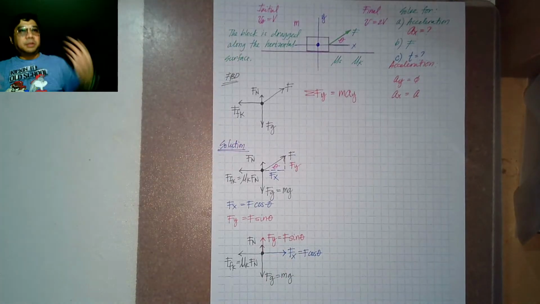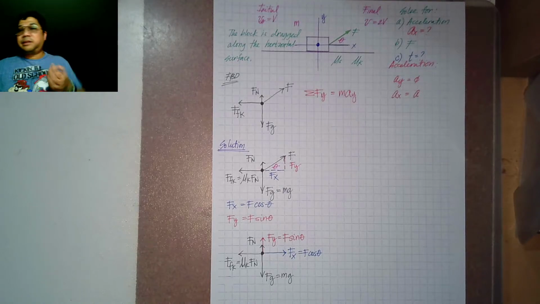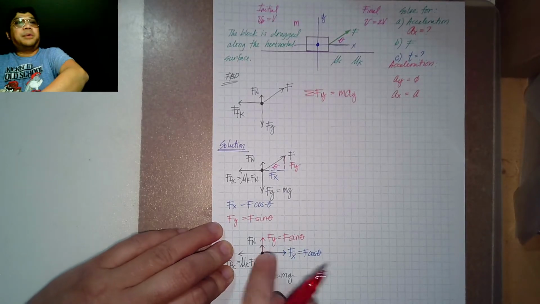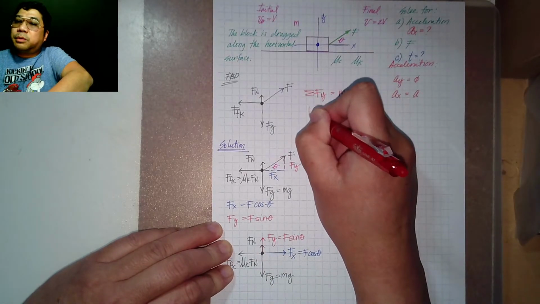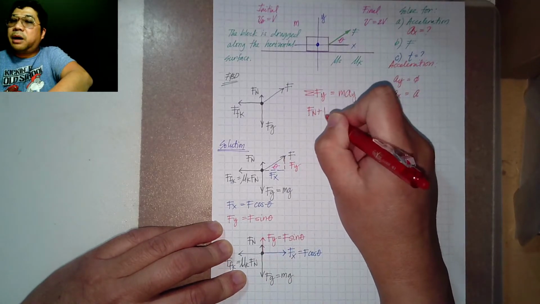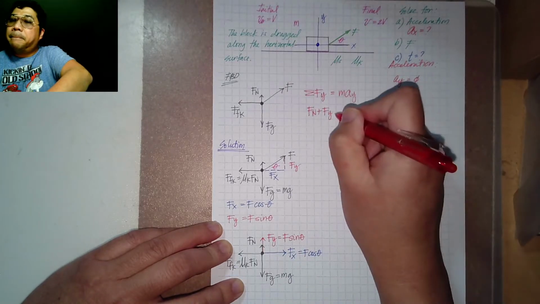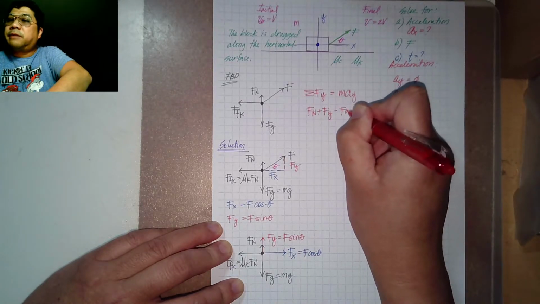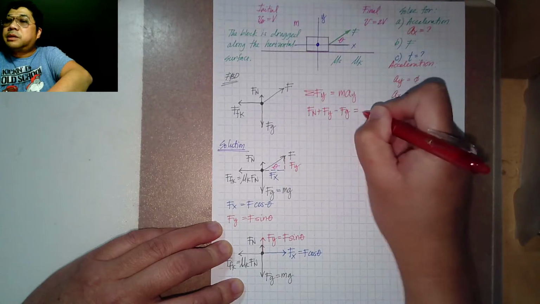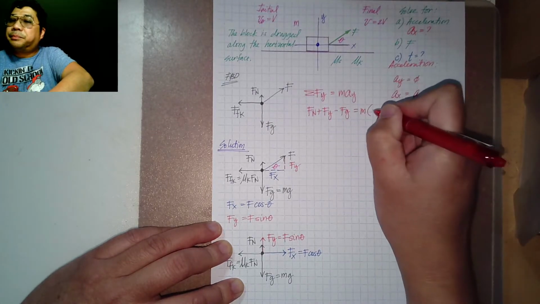Positive is going upward, going down is negative. So we have forces going up, which is the normal force, plus the y component of the applied force, F sub y, minus force of gravity Fg, which is equivalent to mass and the acceleration, which is 0.